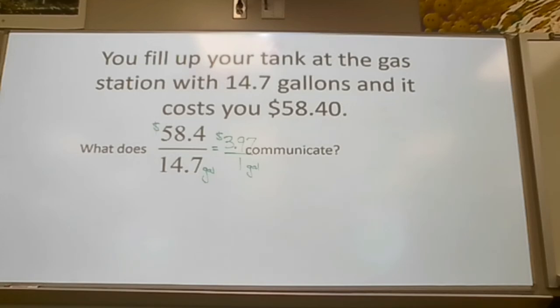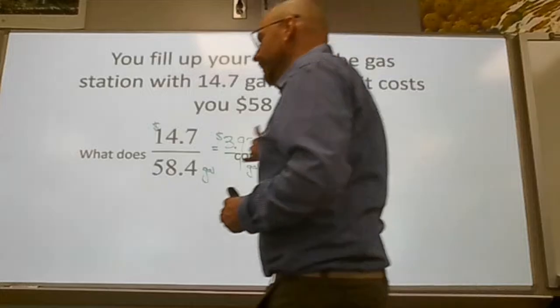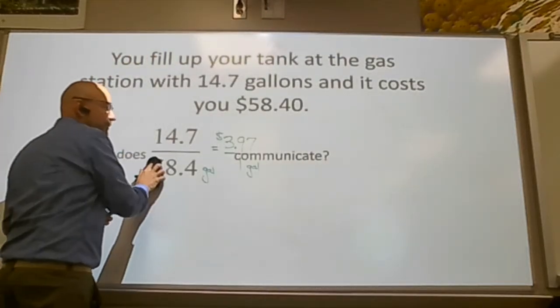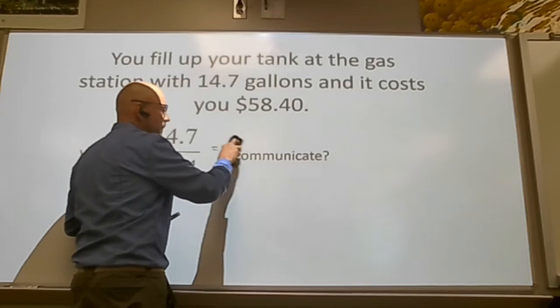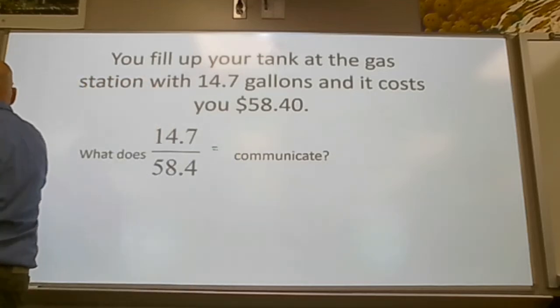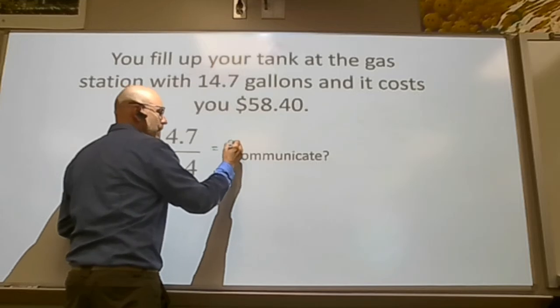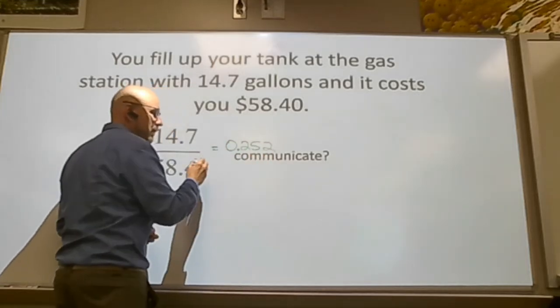But what happens if I flip that ratio? I didn't break anything mathematically. It's just not something we're used to seeing. What does this communicate? If I plug this into a calculator, I would get 0.252.